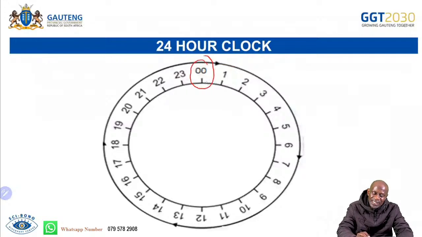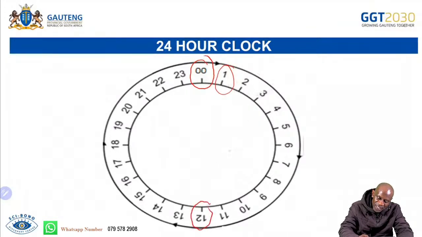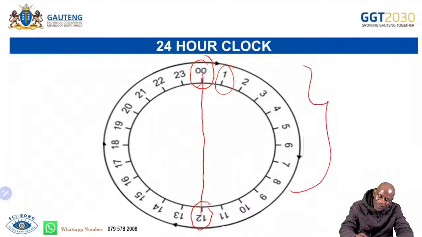So this tells us that we have only one clock as expressed in time, 01:00, to indicate 1 o'clock in the morning. And all these times up to here, all these times to my right, indicate that it is still morning.